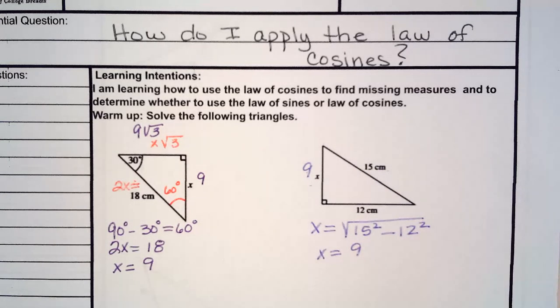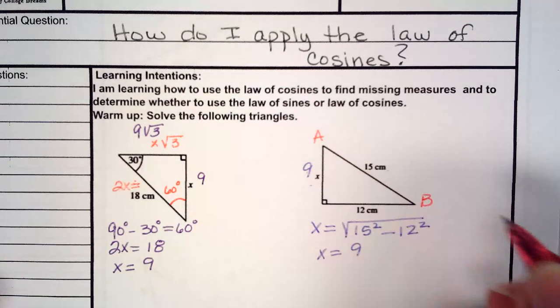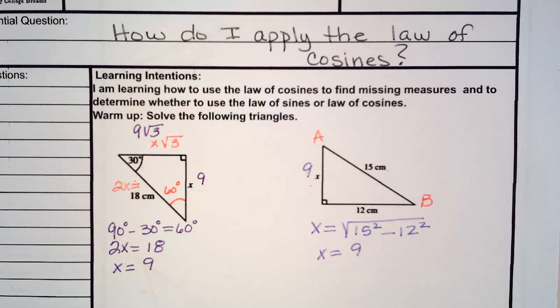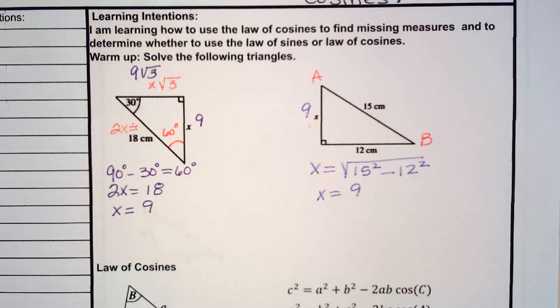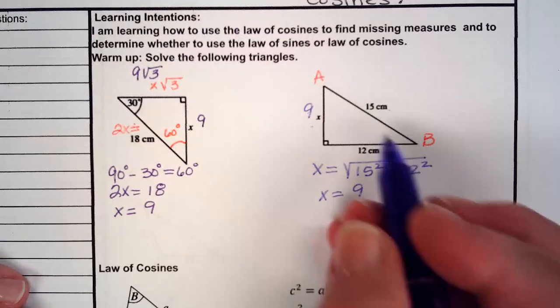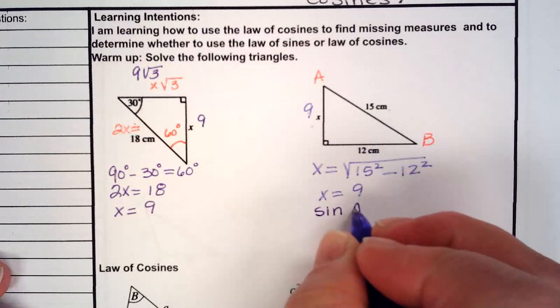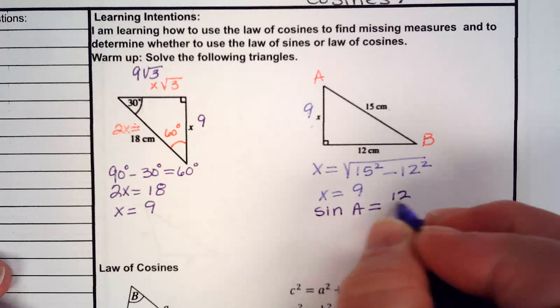Okay, I'm going to give them some names here. I'm going to call this one A and this one B. To find the measure of angle A, sine, cosine, or tangent doesn't really matter. So let's look at it logically. Opposite over hypotenuse is sine. So the sine of A is equal to 12 over 15.